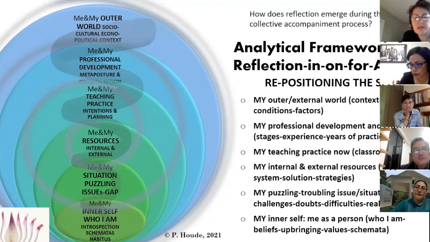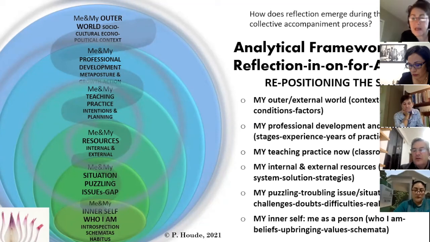It's always moving. It's very dynamic. So I'm hoping that the figure to the left of the slide can portray this. There's a lot of things going on during a reflection process when we're doing reflection on our professional practices.